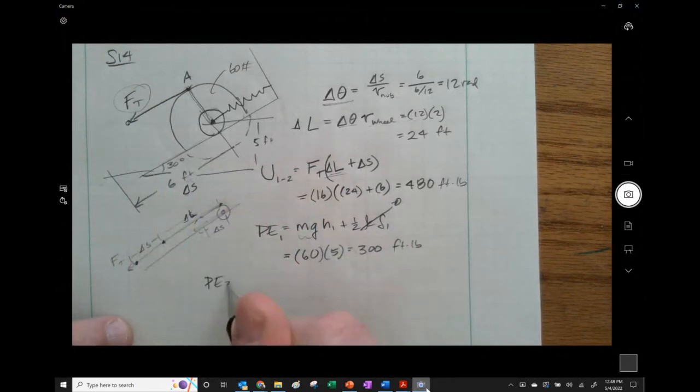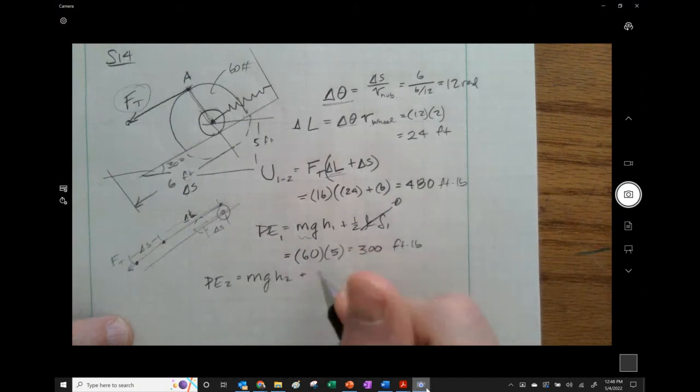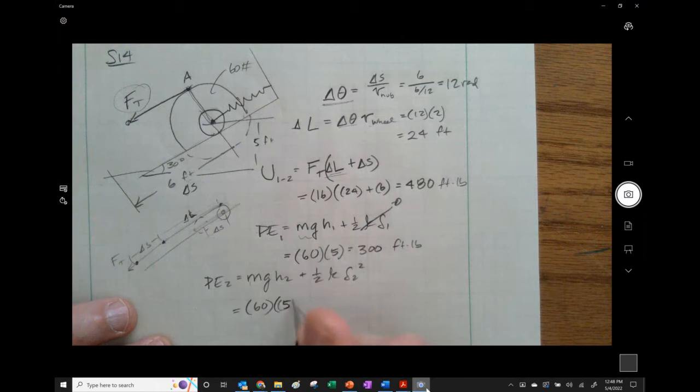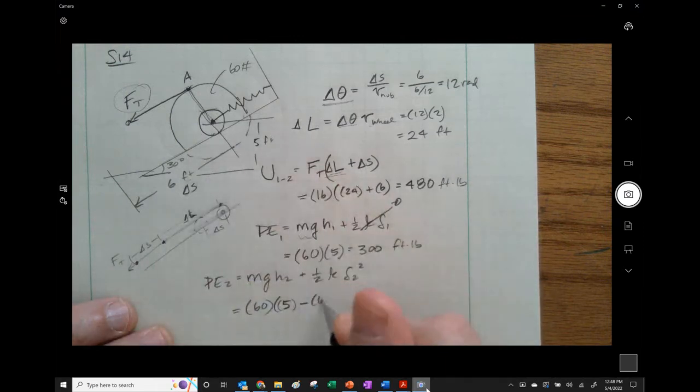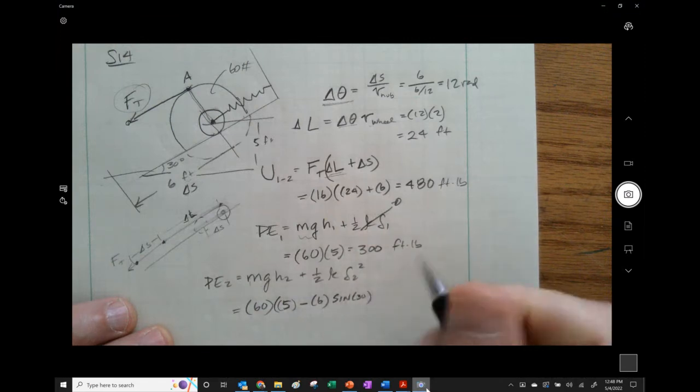So the potential energy at state 2 was going to be mgh2 plus 1/2 k del 2 squared. And so once again, the weight is 60 pounds, so that's both the M and the G. The H is going to be 5 minus, so it has moved 6 feet, but we take the sine of 30 degrees. I think I did that right.